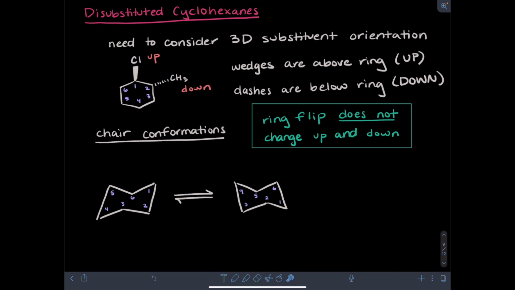So now I need to think about where things are in my molecule, and looking above, I have substituents off of carbons 1 and 2. I know that my chlorine points up, so I need to draw my chlorine pointed up in my chair conformation.